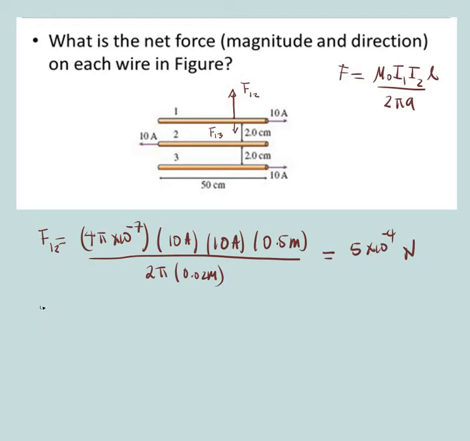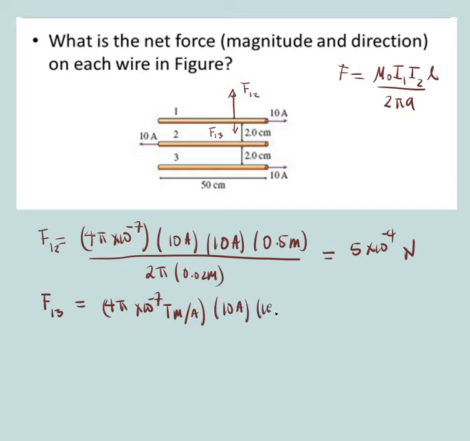Good. Now we do the force on the third wire. It's going to be the same equation, and the constant is going to be the same, 4 pi times 10 to the minus 7. Let's put the units like Tesla meter divided by ampere, times 10 amperes.